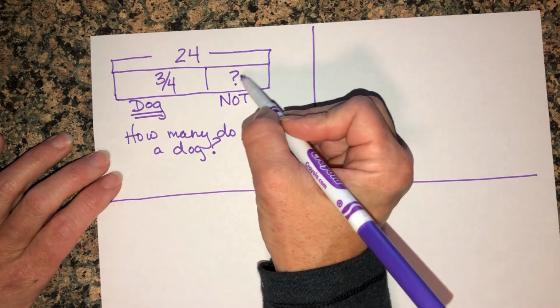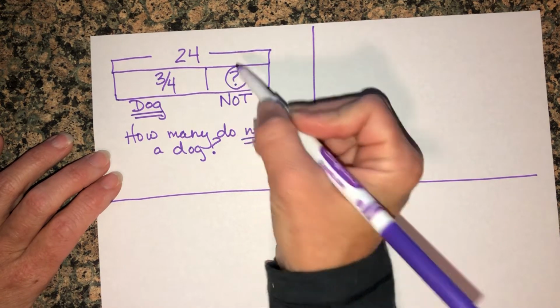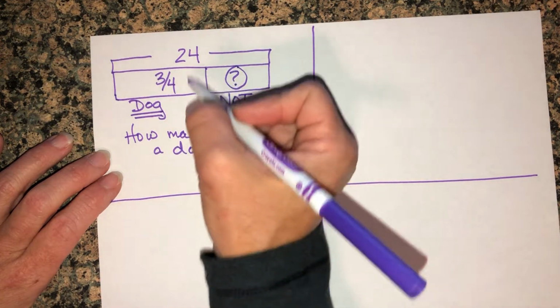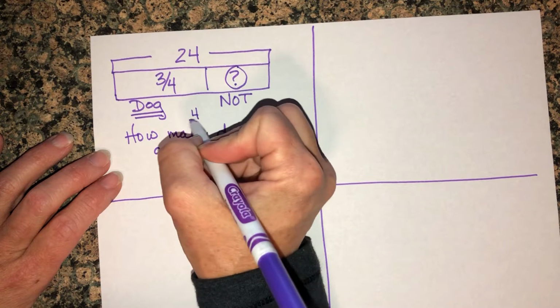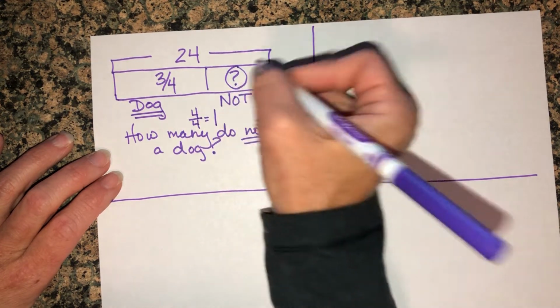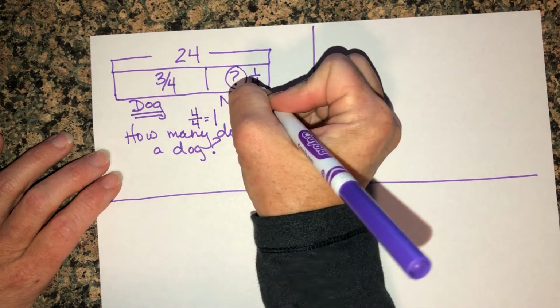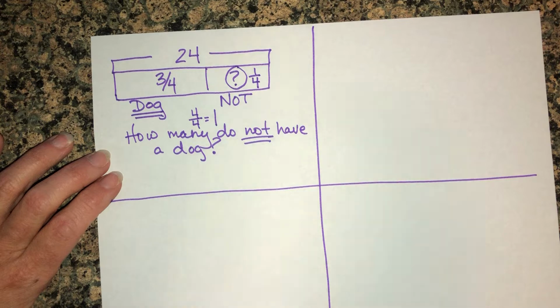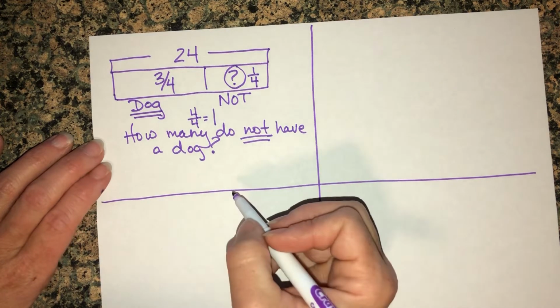So first of all, you have to figure out what goes in this box. Well, we know 3/4 is here, and the whole class is 4/4. 3/4 plus 1/4 is 4/4, and that's going to represent the whole. So that's one way to look at it.